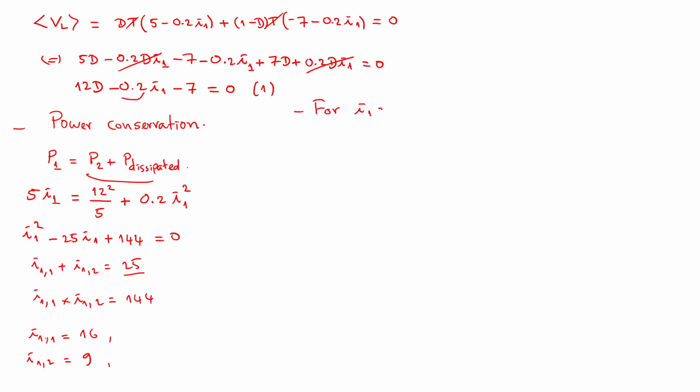For I1 equal to 16, then d equals 7 plus 0.2 I1 over 12, equals 7 plus 0.2 times 16 over 12. So you have one value here. Sela, can you calculate it?